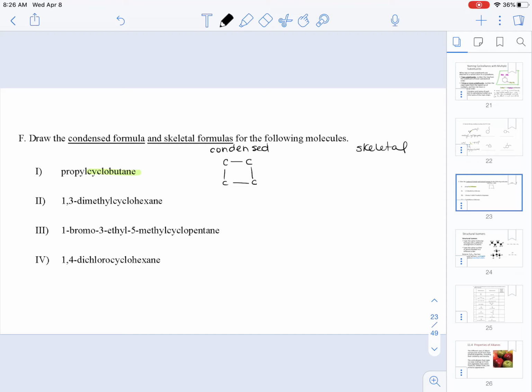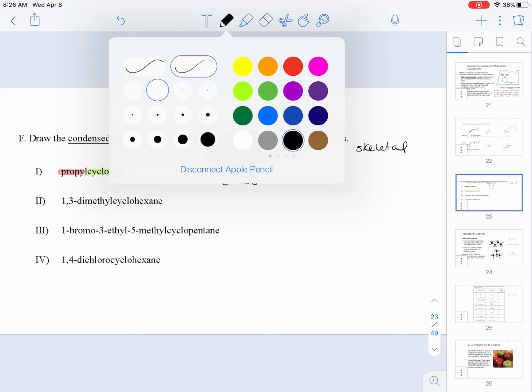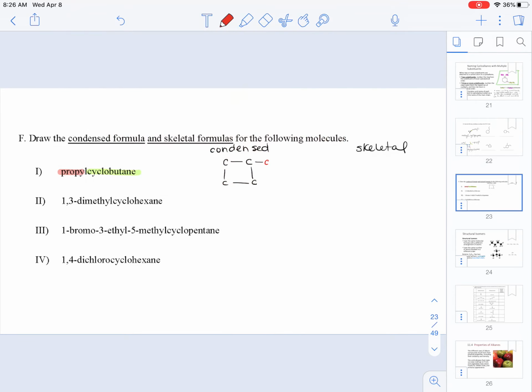So let's say, for example, because of space, I'm going to do the one in the corner, and then because I have a propyl group, I'm going to be writing CH2, CH2, CH3.